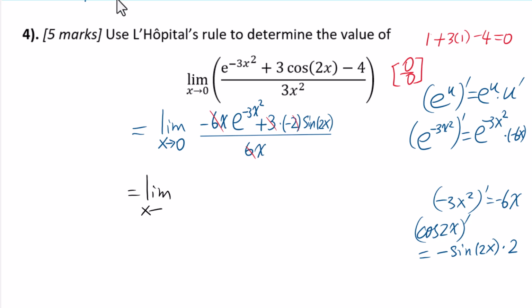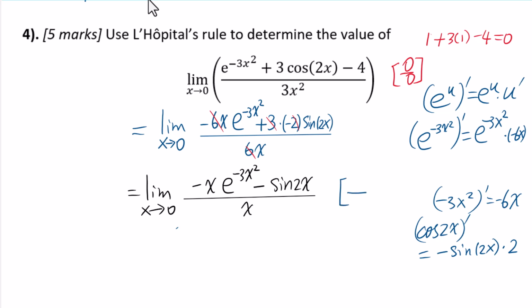Limit as x approaches 0 of denominator x, numerator negative x e to the negative 3x squared minus sine 2x. Then we plug 0 into this fraction again. We got 0 over 0.